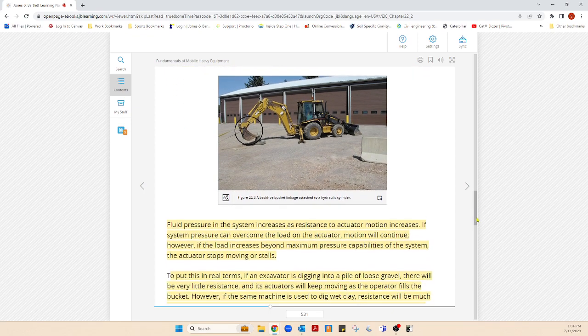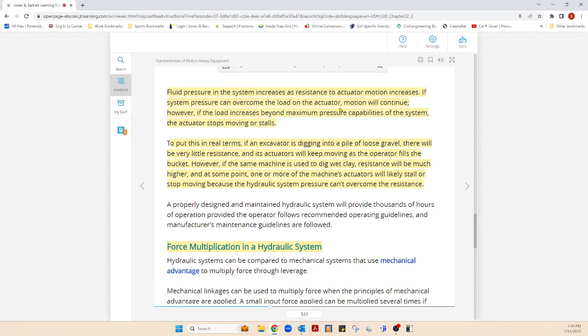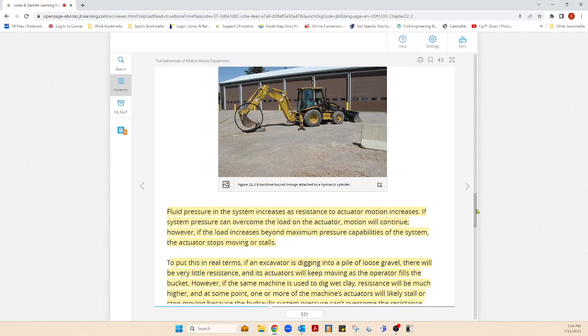If not, that's okay. Fluid pressure in the system increases as resistance to the actuator motion increases. I just told you about that. When you start to dig, that fluid coming in here is flowing, and then it goes into that cylinder and hits the face of that piston, and that's the resistance that it encounters, and that's going to create pressure.